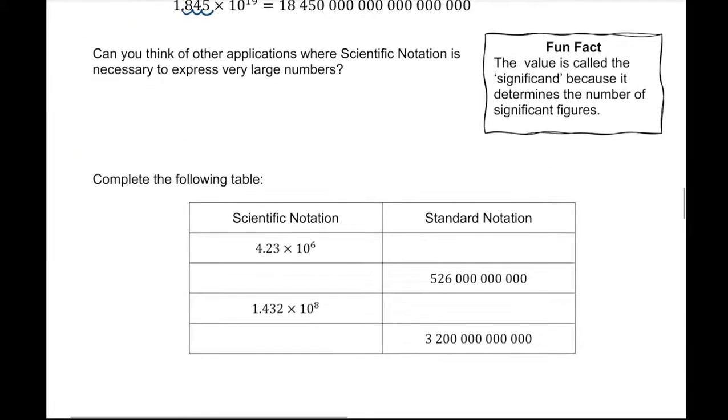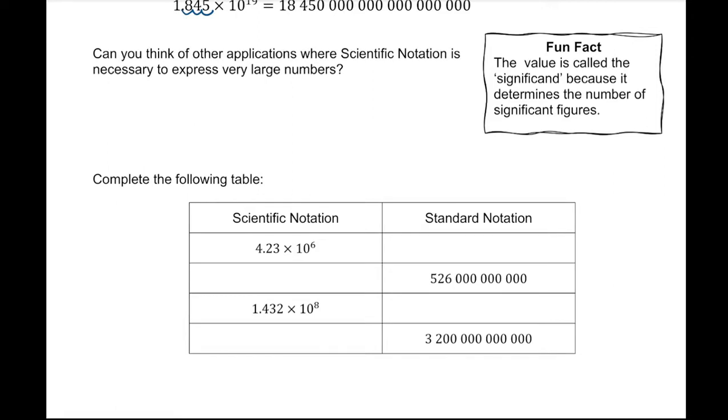So as a practice, we're going to go through and complete the following table, just to get used to using scientific notation and understanding what it means. So 4.23 times 10 to the power of 6. That means I need to move the decimal place 6 spots to the right.